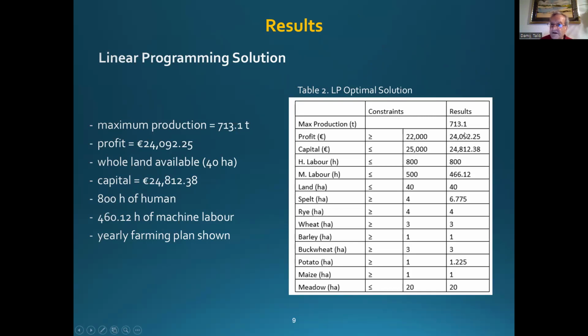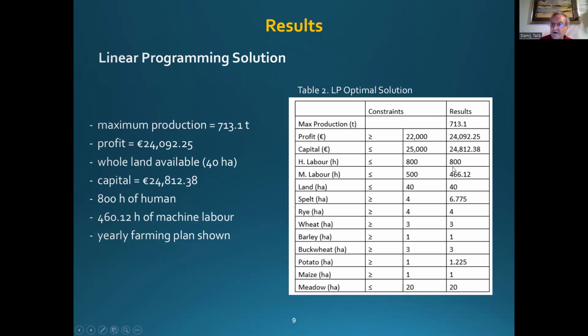The profit is also more than was specified. It is 24,090 euros. Meanwhile, the expenses are less than the farm owner was prepared to pay. The expenses are 24,812 euros.